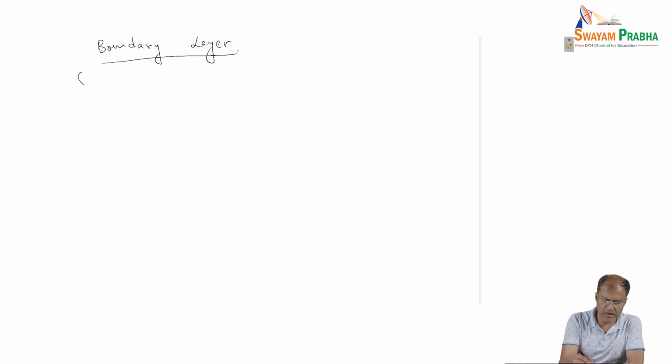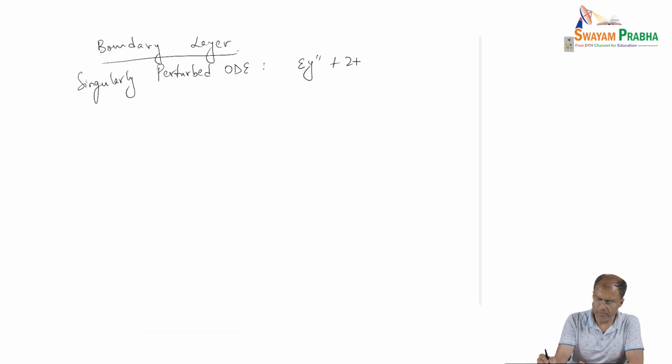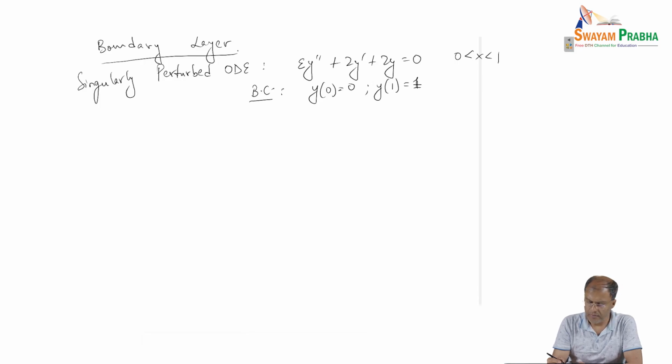So we have a singularly perturbed ODE, and we see that this is epsilon y double prime plus 2y prime plus 2y is equal to 0, and x is between 0 and 1, and the boundary condition is y of 0 is 0 and y of 1 is 1, right? So this is what we have.